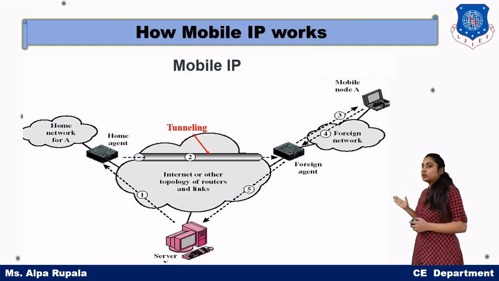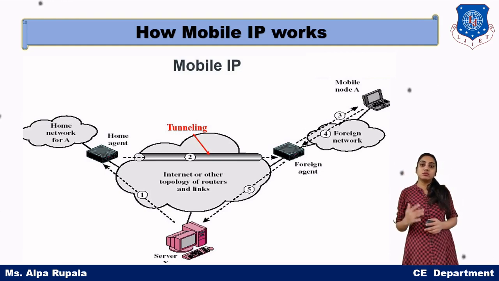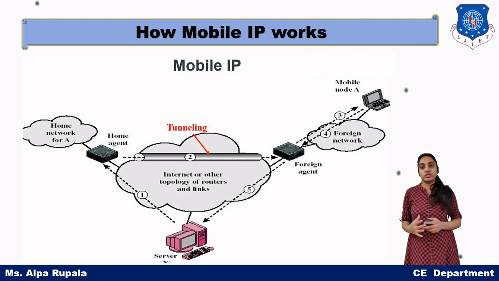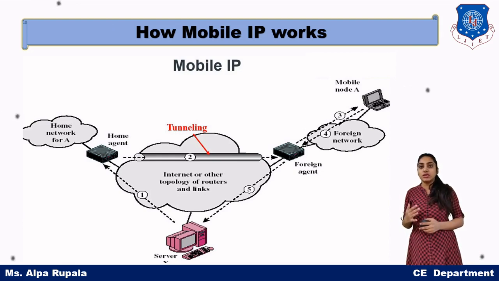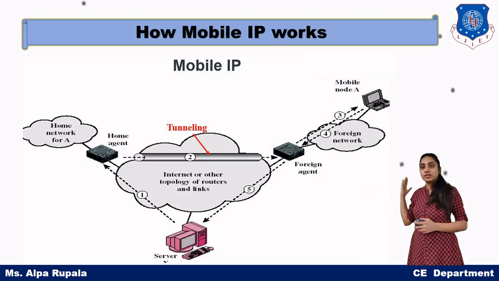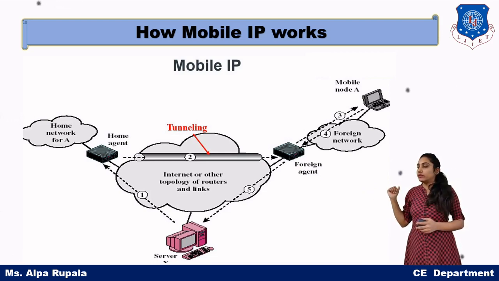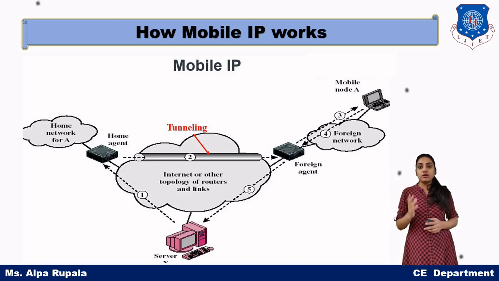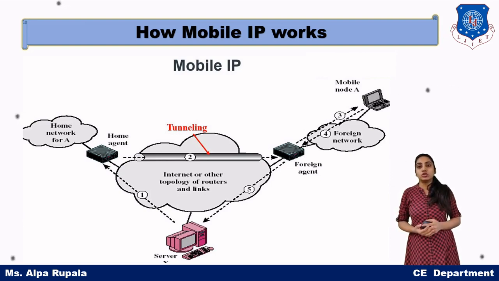In this diagram, we are discussing one fundamental in which there is a mobile node A, a home network of mobile node A, and a foreign network of mobile node A. Our mobile node A is roaming to another foreign network, and this mobile node will have the mobile IP.